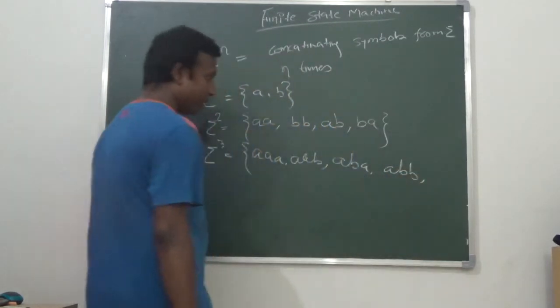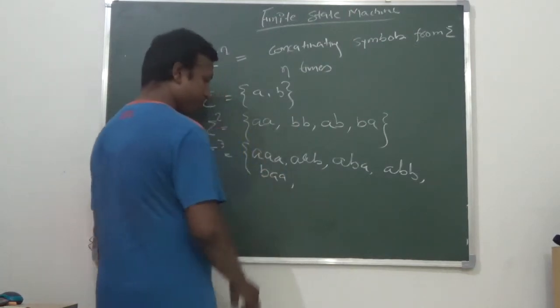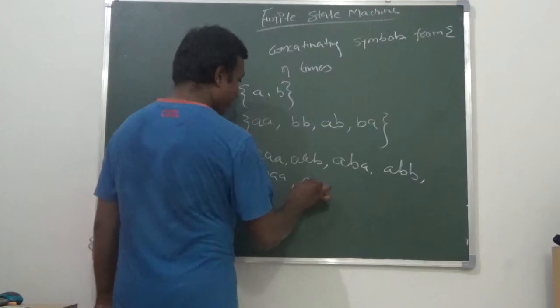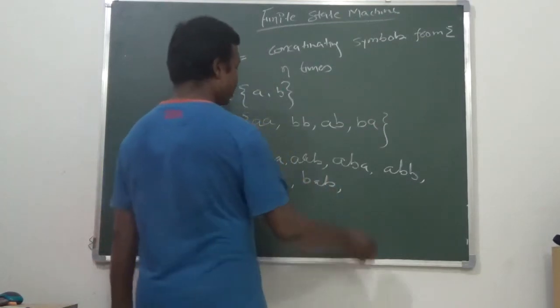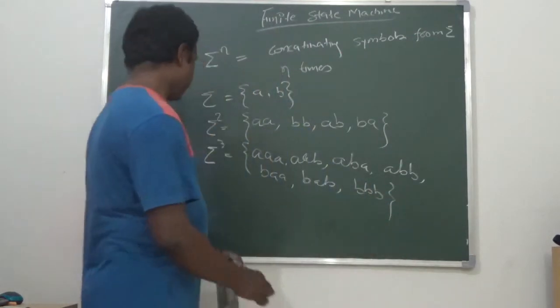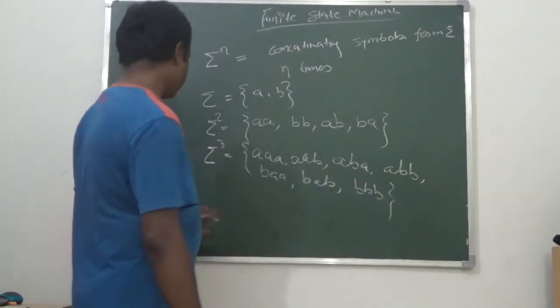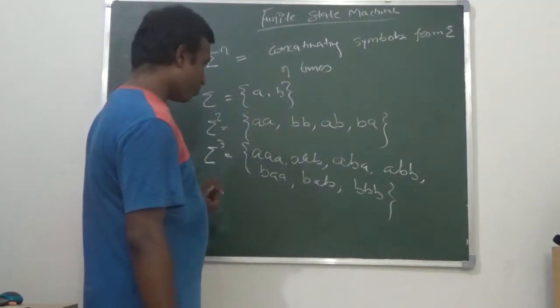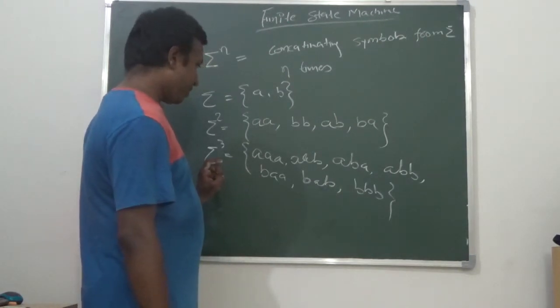That is 1, 2, 3, 4, 5, 6, 7. There may be one more, possibly.